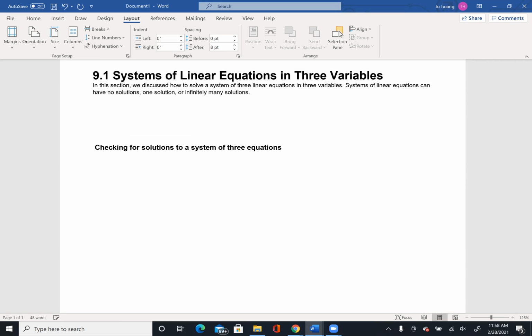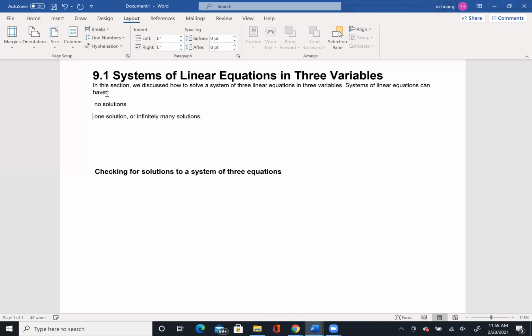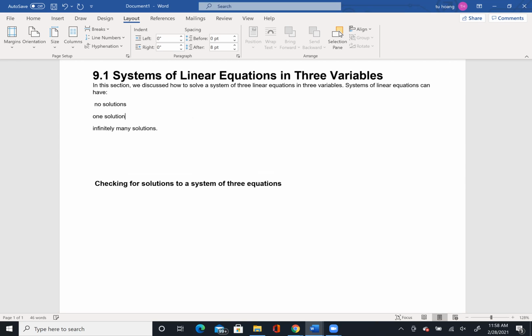A system of linear equations can have three cases. One is no solution. Another case, one solution, and the last case could be infinite solutions, right? So let me go through each case here.